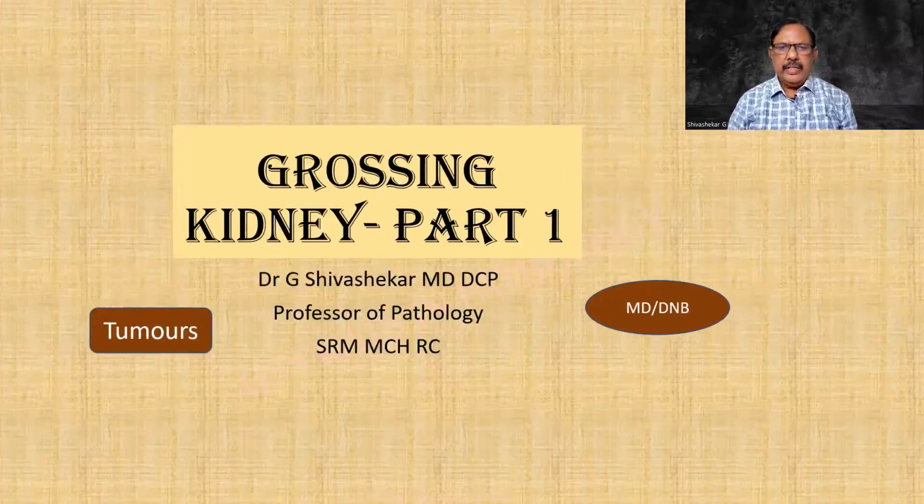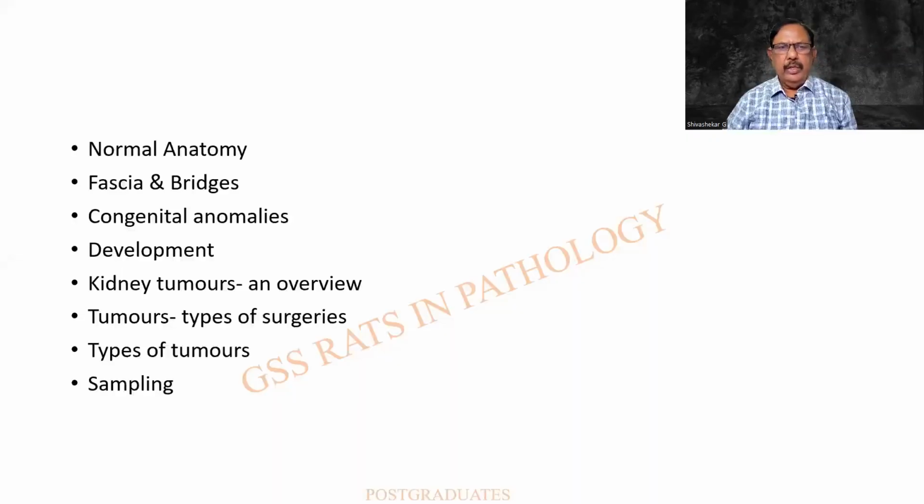In this, I shall be concentrating on the normal anatomy, fascia, any congenital anomaly as such, the development. Also, an overview of kidney tumors, the types of surgeries, tumors, and the modes of sampling will be dealt with.